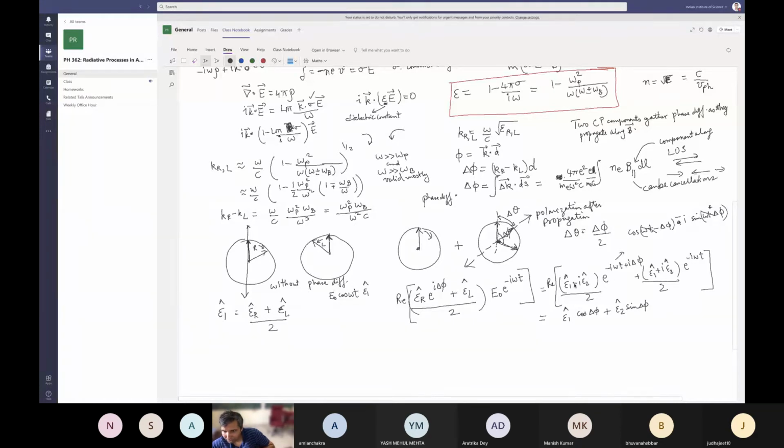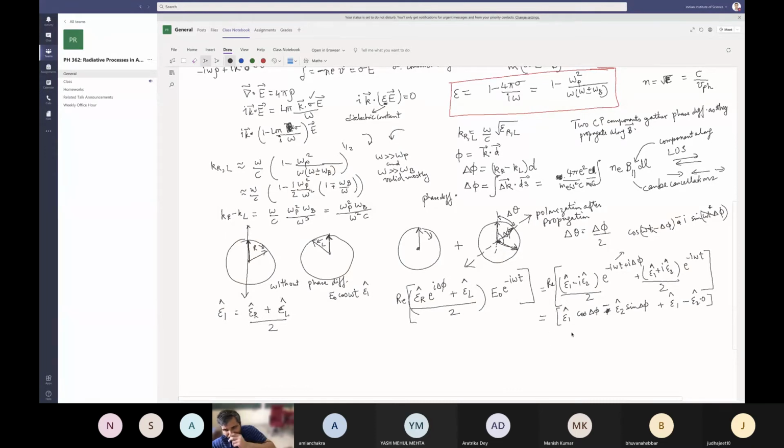Sorry, i square is minus 1, so this would be actually minus. Similarly, this one will be just epsilon 1 hat, because delta phi is 0 for this case, so this is 0. So this is what you get after rotation.